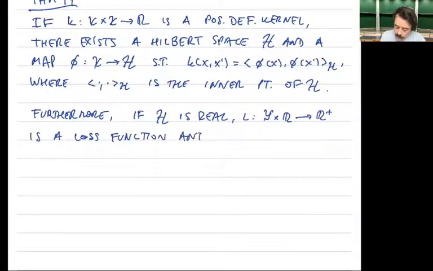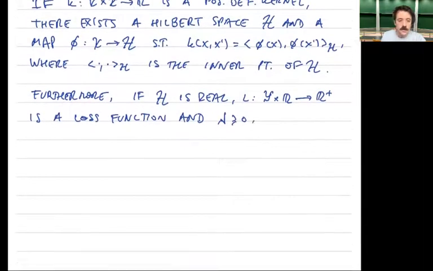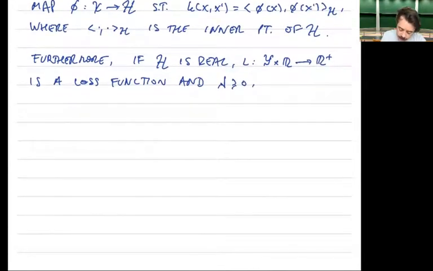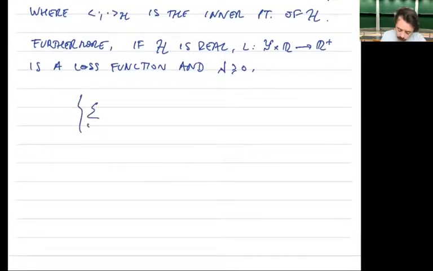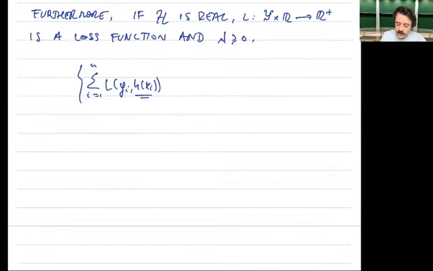So if this is a loss function, and we take lambda greater than or equal to 0, then if we write the expression that we generally try to optimize, it is this here. We generally assume independence, so we can separate each of them. Note that now we're writing the image of the covariates through some h that is in the Hilbert space.